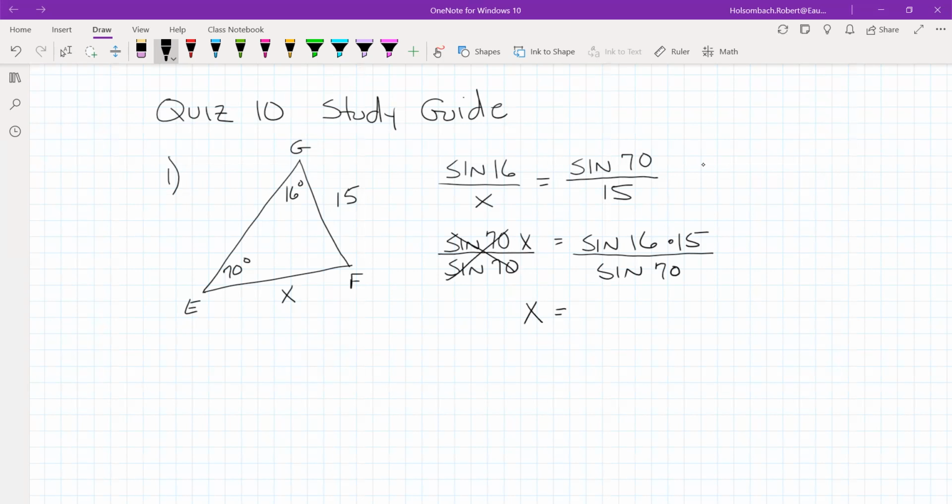And make sure in your calculator that you hit the equal sign after you multiply the numerator. So 16 sine times 15 equals, divided by 70 sine equals, and I get 4.4.